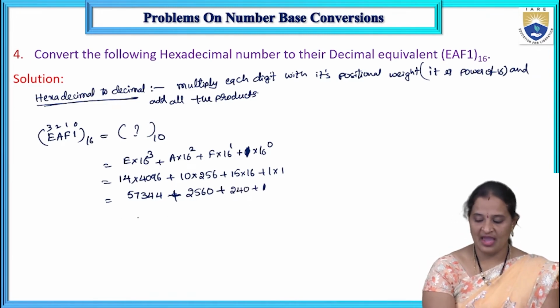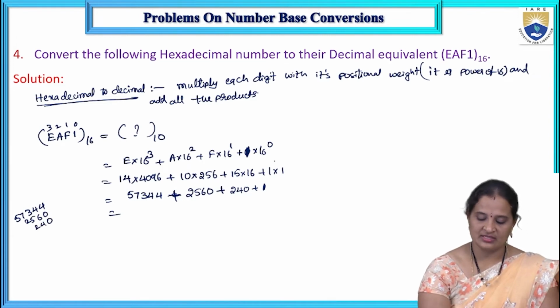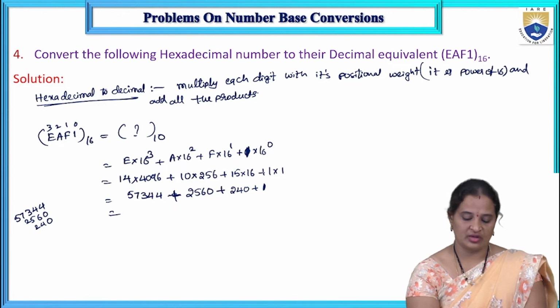So now if I add all these: 57344, next 2560, next 240, plus 1 into 16 to the power of 0, it is 1.